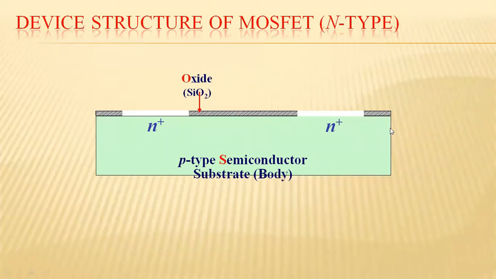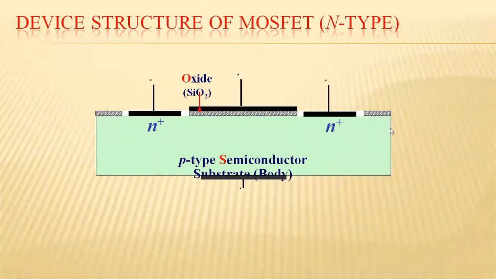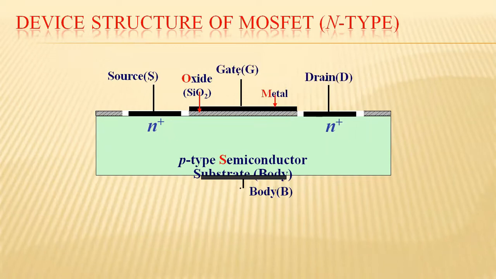Okay, and then metal contacts are made to these regions. Now you can observe here, a metal contact is made at this N region, and that will be called the source terminal. For this region, a metal contact is made, and that is called the drain terminal.